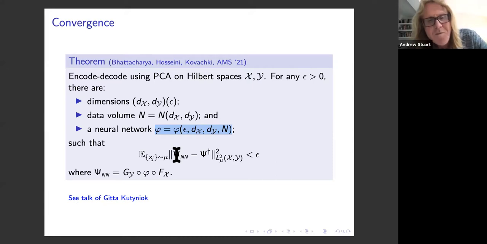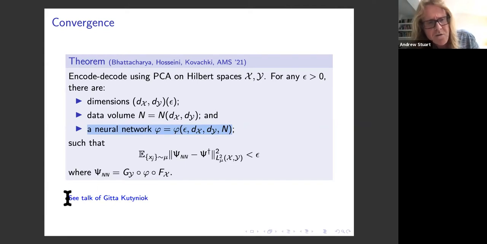This is a pretty soft result. We prove it under quite general conditions, initially with psi dagger globally Lipschitz, and then locally Lipschitz with some moment conditions. What is lacking in this theory is a really careful analysis of the complexity of the network as a function of epsilon and the dimensions.